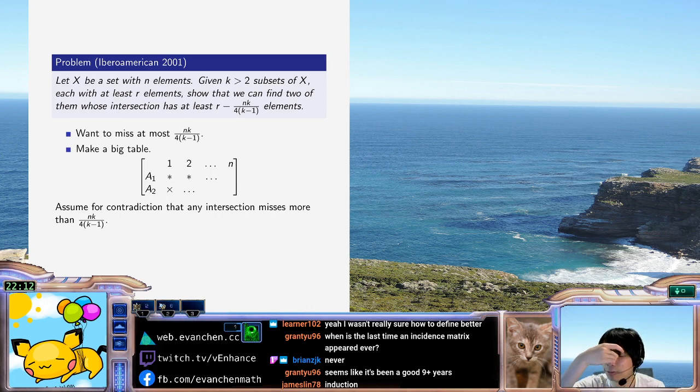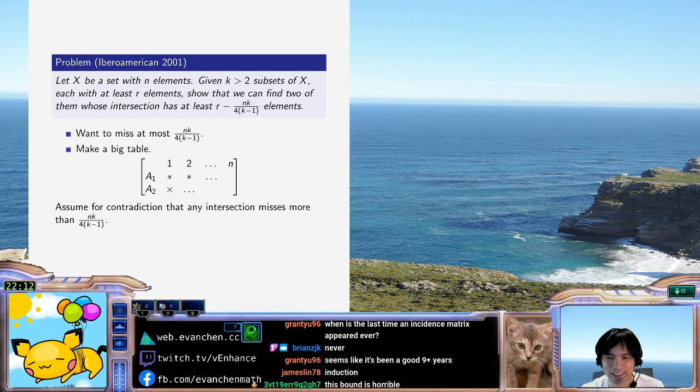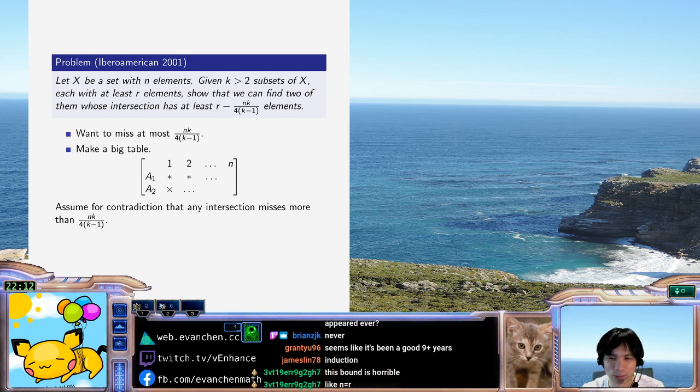Maybe the bound is bad enough that I can get away with this. This bound is horrible. So, okay, let's just try it and see what happens. And if it doesn't work, then we can figure out how to refine it.